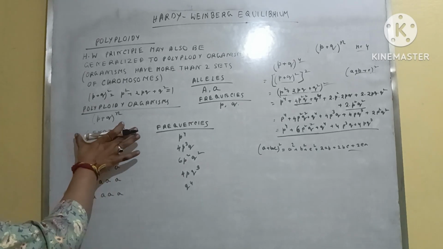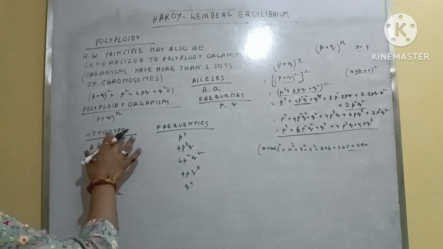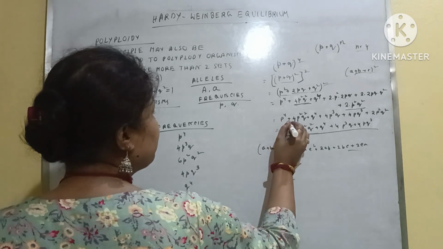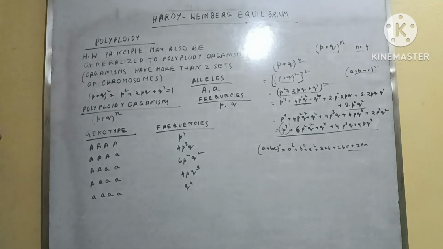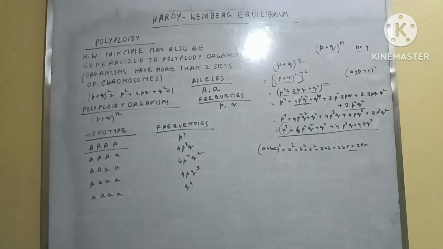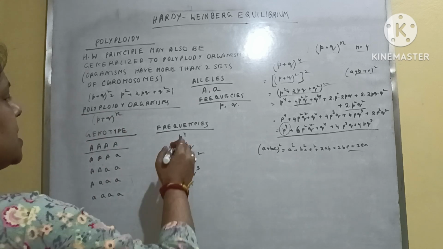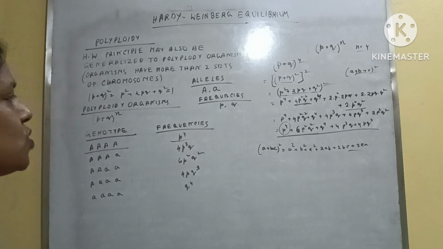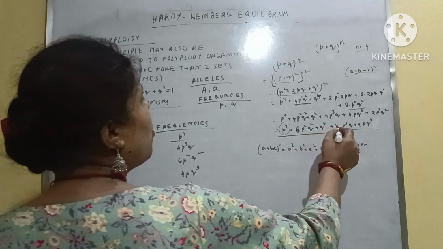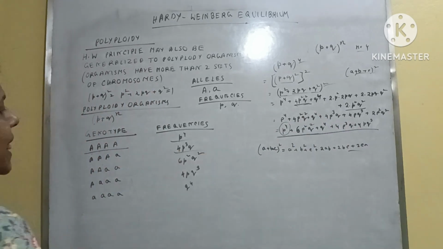Now you can write the genotypes and the frequencies. So what is the genotype? This is p4. P4 means 1, 2, 3, 4, that means A into A into A into A. This is the p4. Next one is 4p cube q. How can you get 4p cube q?